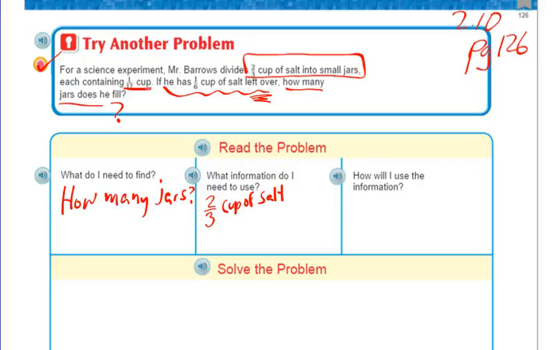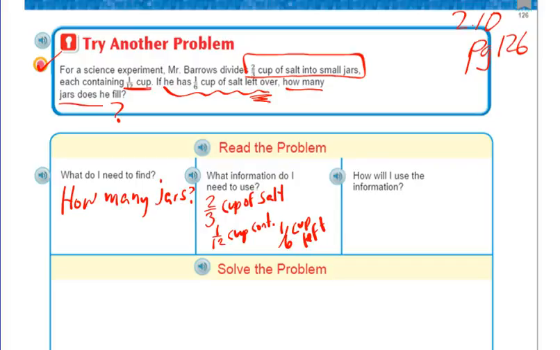He is going to be dividing that into equal 1/2 cup, so let's go 1/2 cup containers, or sorry, 1/12 cup containers. And he has 1/6 left over. All right, so that's just identifying those pieces of information that we need to be able to pull out from the problem.